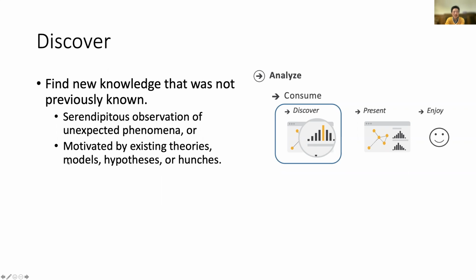And in many cases, you probably need some kind of theory or hypothesis or hunches before you start to create a validation. And the first one, the unexpected one, is also very important. Sometimes this is probably more valuable because you gain something surprising and unexpected.